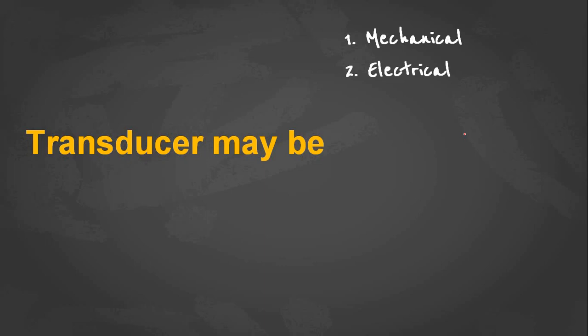The transducer may also be electrical. An op amp is an example of an electrical transducer which converts voltage into a current. A resistance is also an electrical transducer which converts displacement into a voltage.